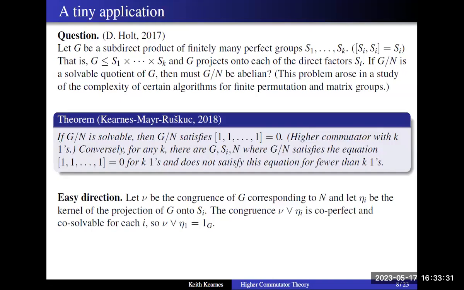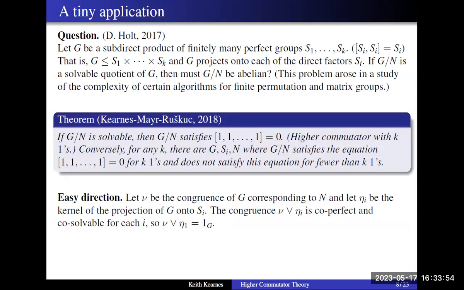So A_i is a projection kernel onto a perfect group. So if you factor by A_i, you get S_i, which is perfect. So A_i is co-perfect. Okay. Nu, if you factor by nu, you get G mod N, which is assumed to be solvable. So I say nu is co-solvable. The quotient mod nu will be solvable.